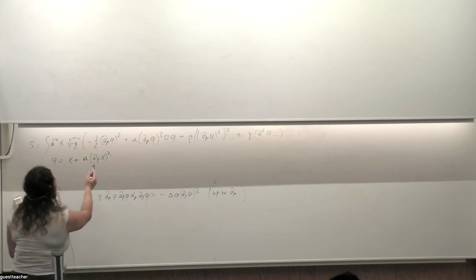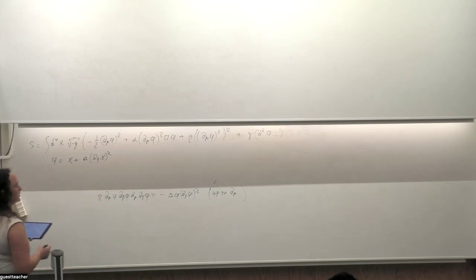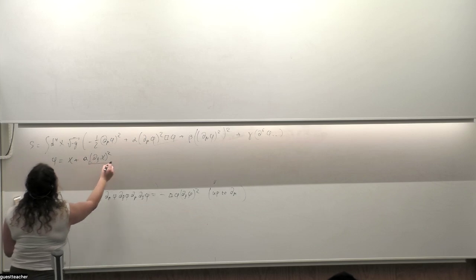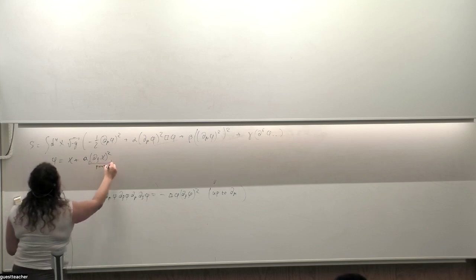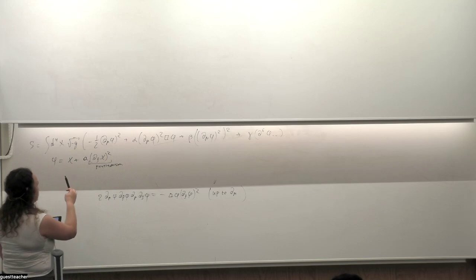It will just reshuffle the interactions a bit. The quadratic propagator part will remain the same because this is considered a perturbation or interaction. It's totally valid to make this kind of field redefinition.